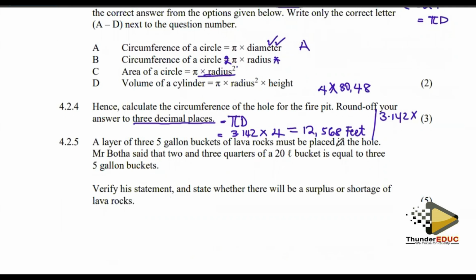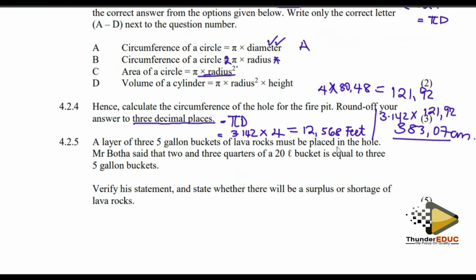So 4 times 30,48, which becomes, so you come here, you say 3,142 times 121,92. Which is 383,07. These are centimeters.